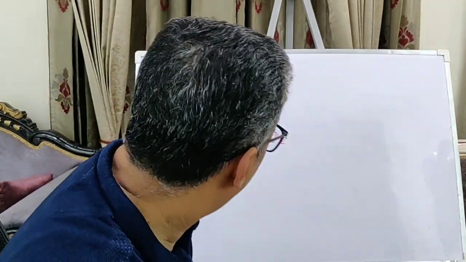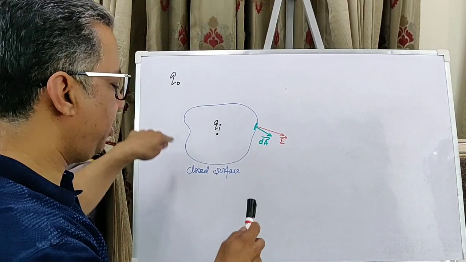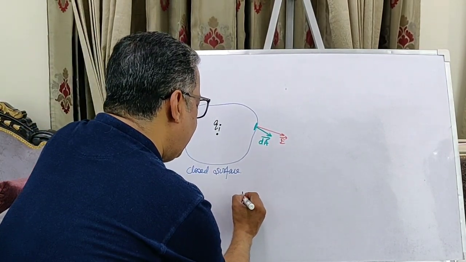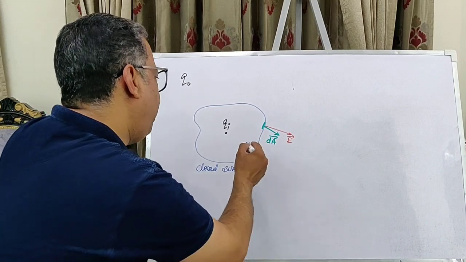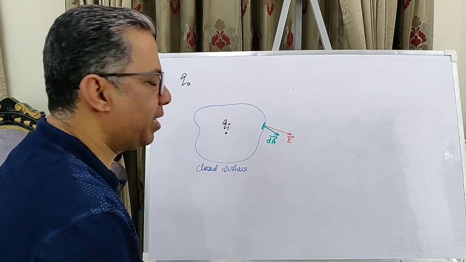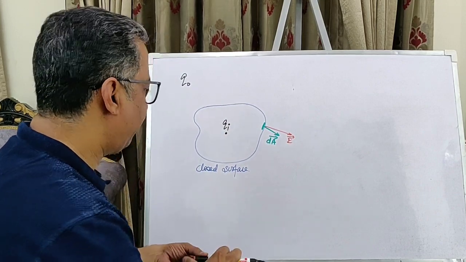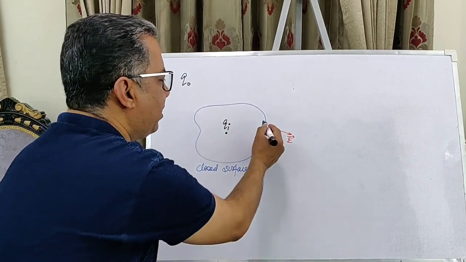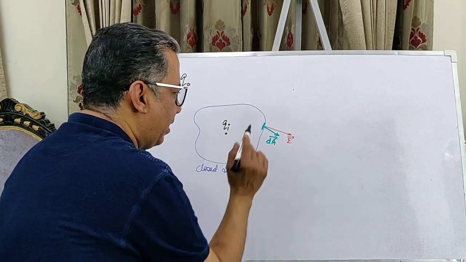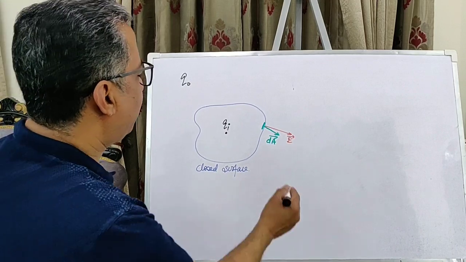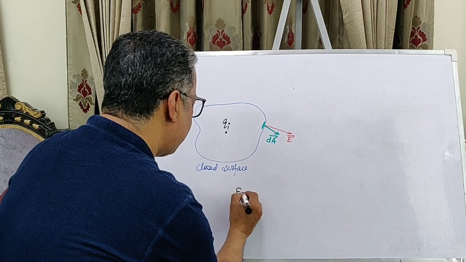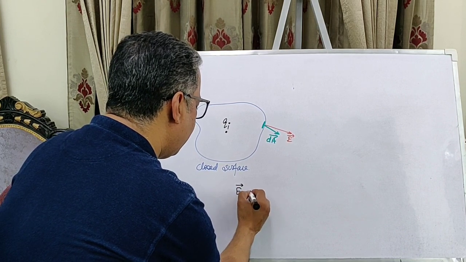Then the flux through this entire closed surface, we'll be calculating the flux over this entire surface. As we do that, let's consider this tiny little area dA and the electric field E, and calculate a dot product of E with dA.